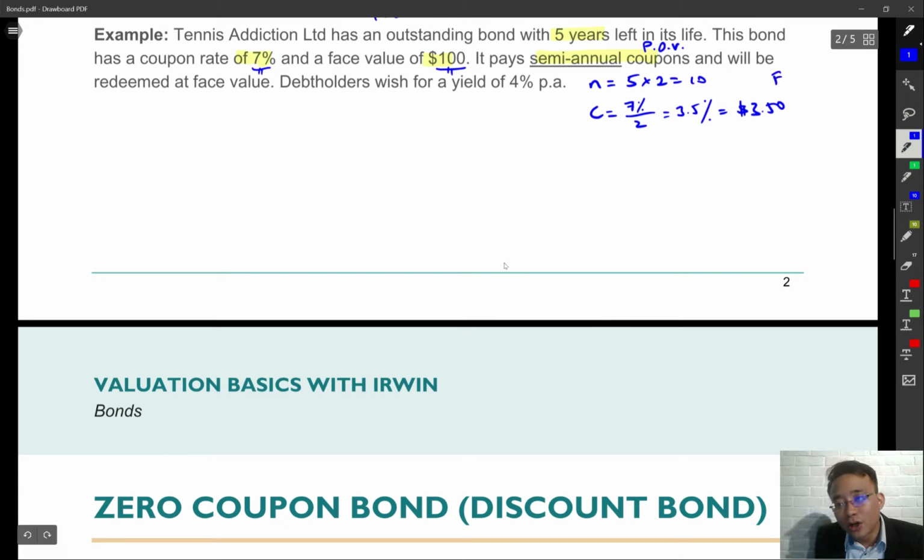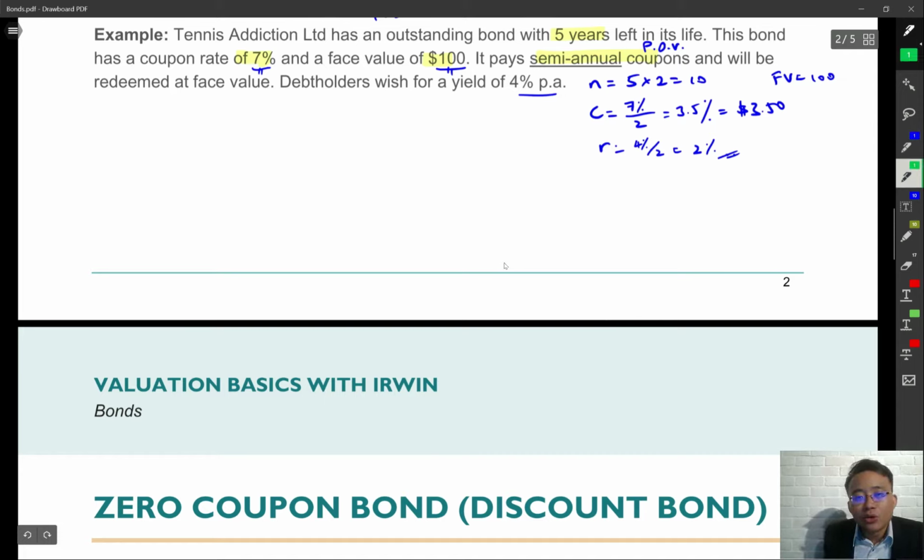Face value, of course, doesn't change with time, so I can put face value as 100. Last thing I have is my R. R is 4% per annum. I have to make it semi-annual as well. So 4% divided by 2, I get my R to be 2%.